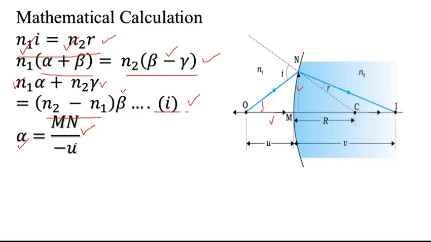So here alpha equals MN by minus U. This is on the left hand side, and we follow here the coordinate sign convention. So the distance of MO will be negative, distance of MC will be positive, distance of MI will be positive.